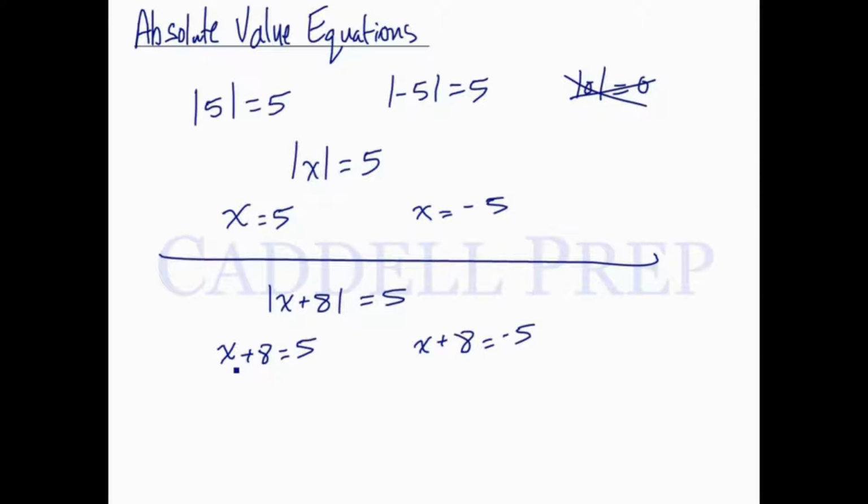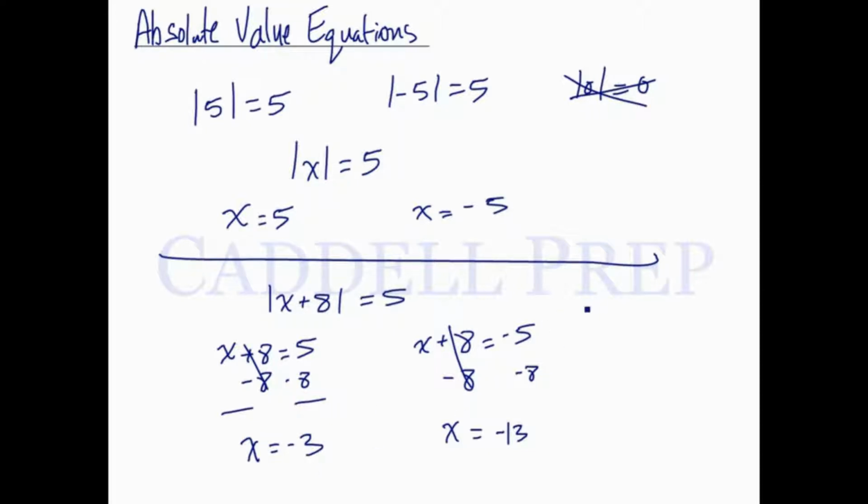Now solving this, we just have two equations, so minus 8, minus 8. We have that x could equal 5 minus 8, which is negative 3, or x could equal negative 13.